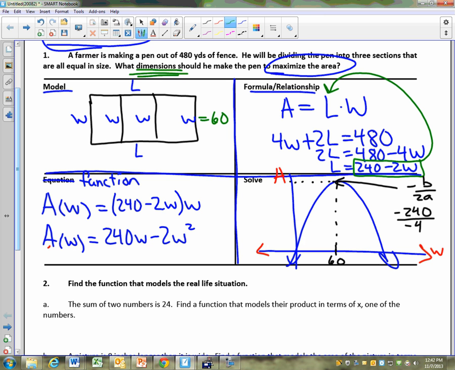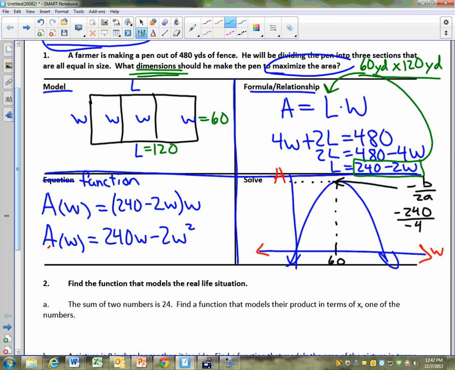So if I take that 60 and plug it in, 2 times 60 is 120, and 240 minus 120 is 120. There's multiple ways to go back and find L. That's just one of them. So in order to answer the question, we say 60 yards by 120 yards. Those are the dimensions of the pen.